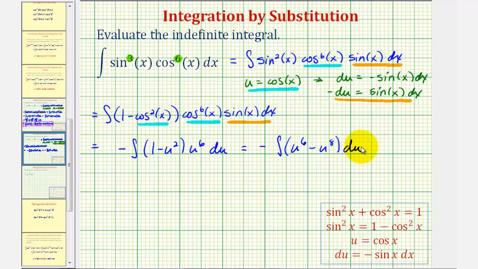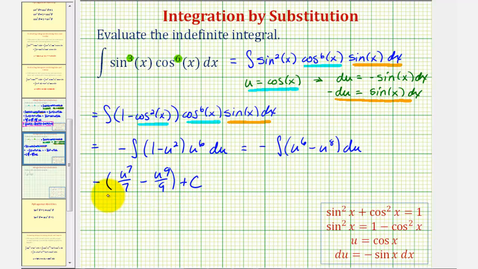And now we can finally integrate in terms of u, and then perform substitution for u to find our final antiderivative. So using the power rule of integration, we're going to have negative and then u to the seventh divided by 7 minus u to the ninth divided by 9, and then plus c.